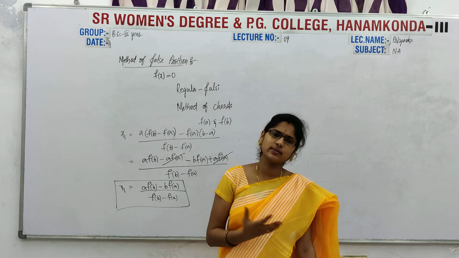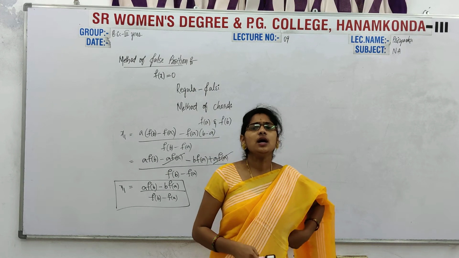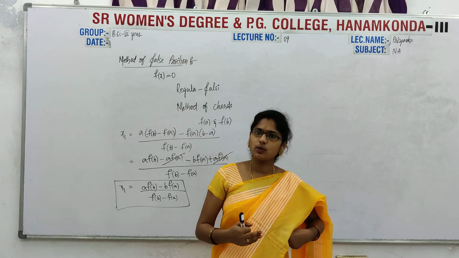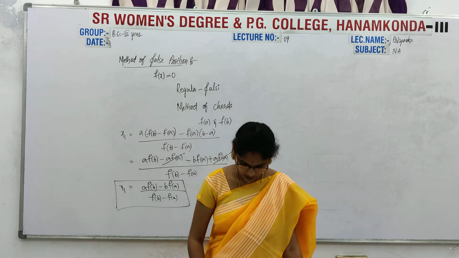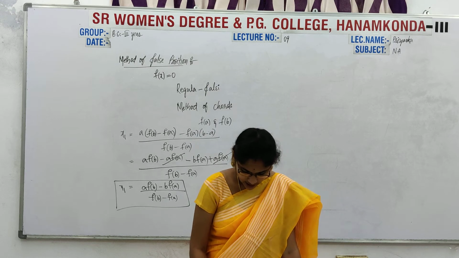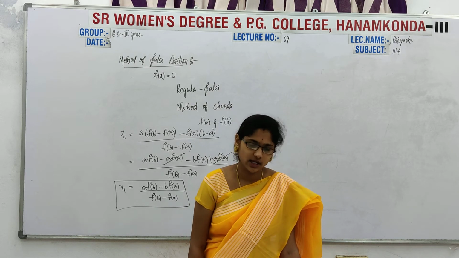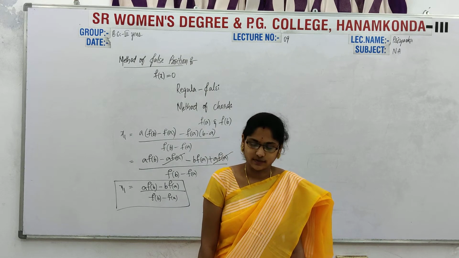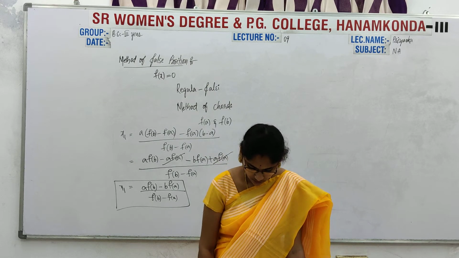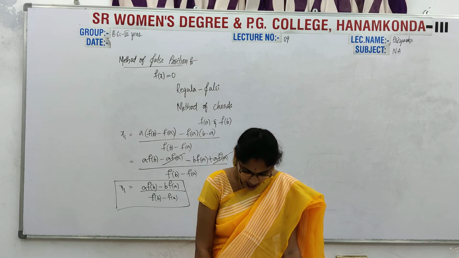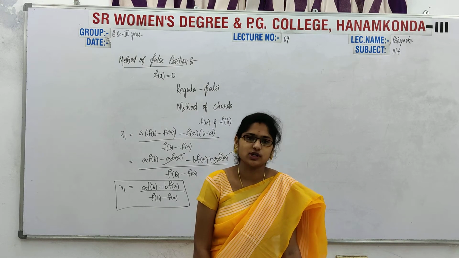Similarly, for the bisection method, every time we are checking the positive value and negative value, and by that we are taking the next interval. So here also we have to take in that way only. Okay, x1 and we replace small b by x1, and obtain the next approximation.